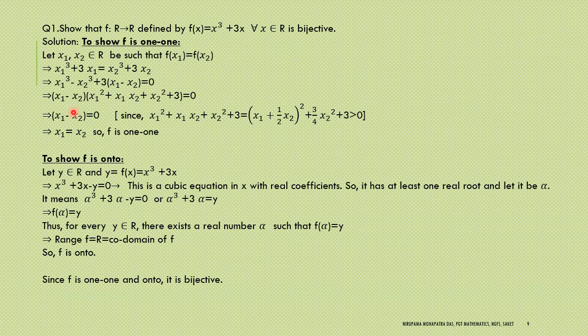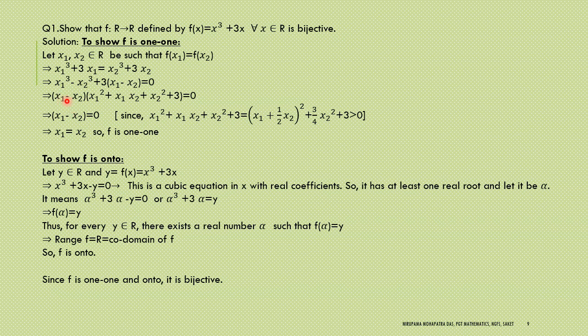I have taken x1 minus x2 common. Here you see a cube minus b cube is (a minus b)(a square plus ab plus b square). So after taking x1 minus x2 common, we are getting x1 square plus x1 x2 plus x2 square, and from the second term I am keeping 3 here. So this into this equal to 0.